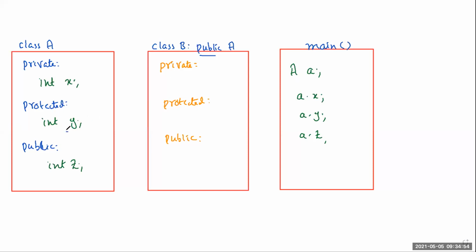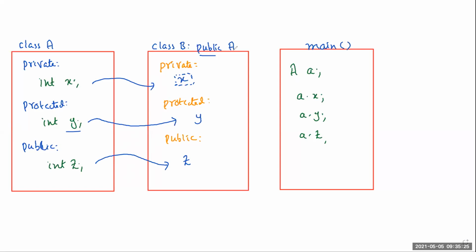When this Y was protected, it will become a protected member of class B. When Z was public, it will become a public member of class B. And this X, you can assume it is a private member of this class. Although you cannot access it, we agreed, I have just written it for understanding. Of course this class cannot access it, right? A parent's private cannot be accessed, but just for discussion I'm writing it here for completeness.